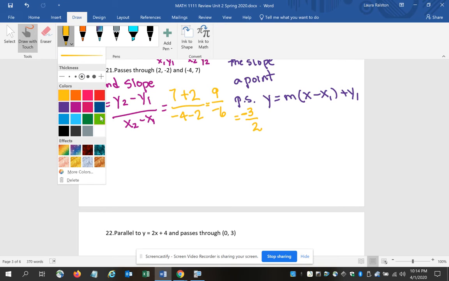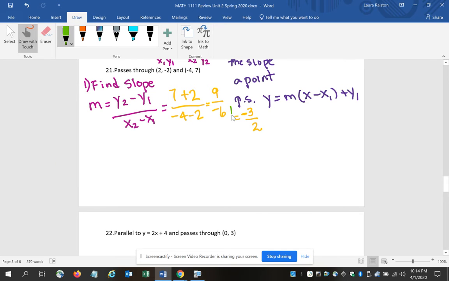So I'm going to take that slope that we just found and one of the points, and it doesn't matter which one, I'm going to use the first one, and we plug into point slope. So I would have y equals negative 3/2 parentheses x minus 2 plus negative 2, which is really minus 2.